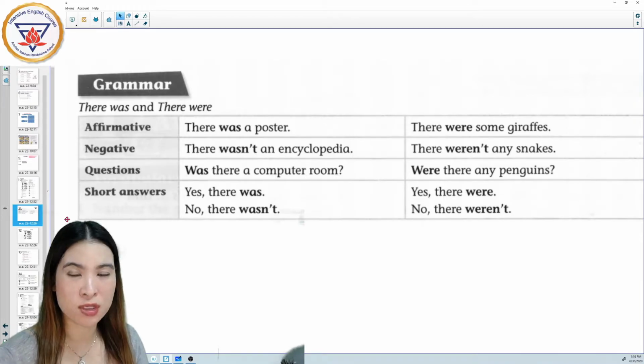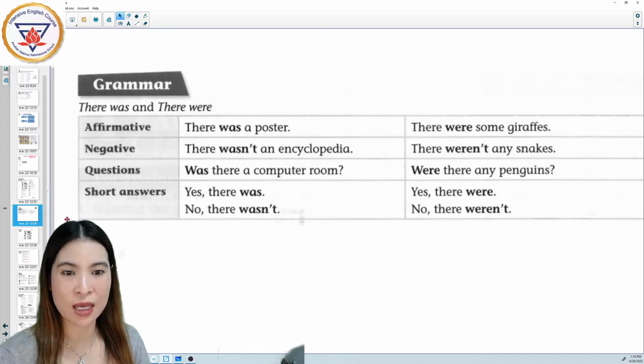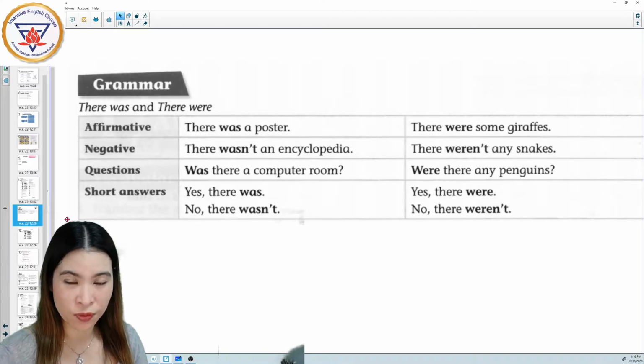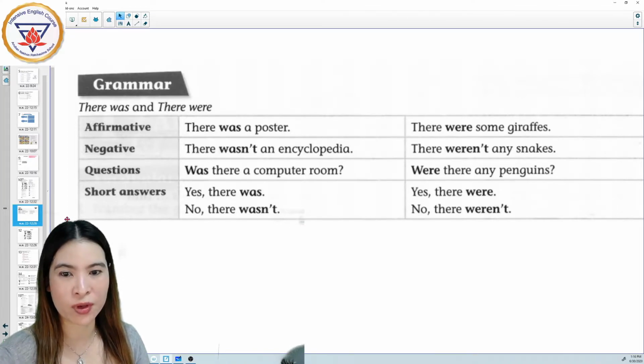Affirmative, there was for singular, there were for plural. Using some or any. If it's negative form, you use any. If it's questions, you put was or were in front of the sentences. And the short answers have to be yes, there was, no, there wasn't. They could not be just yes or no. All right, that is a quick review.